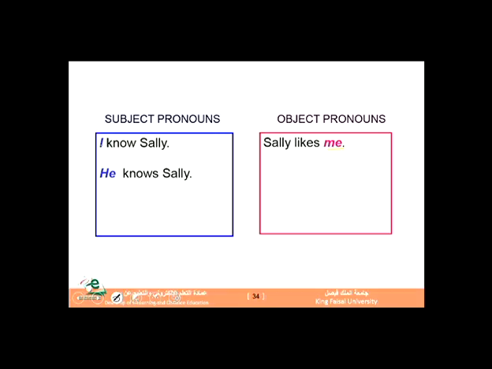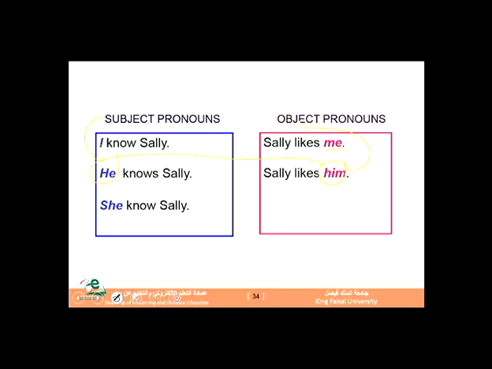Similarly, he knows Sally. So he is functioning as the subject of the sentence, while Sally likes him. So he has changed into him. He is subject, while him is object.